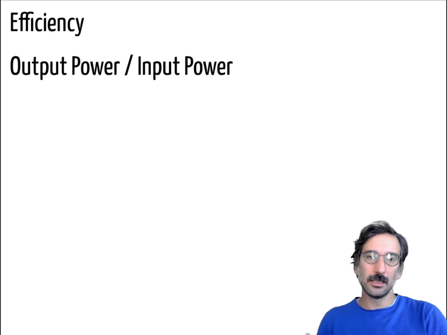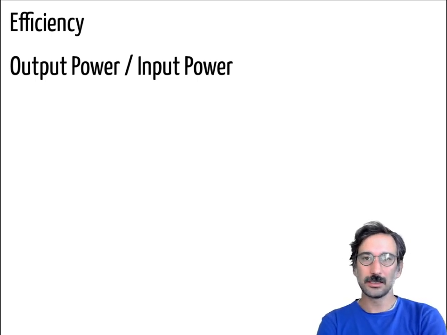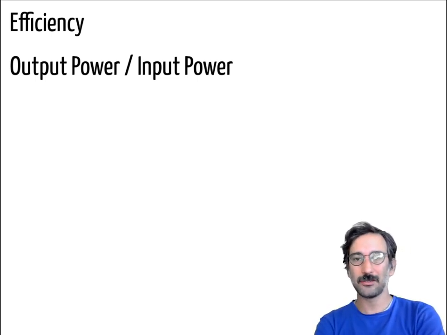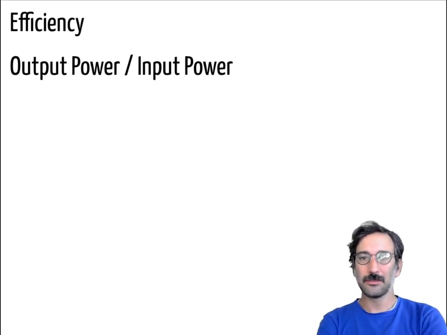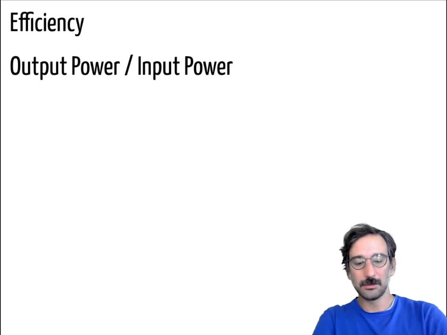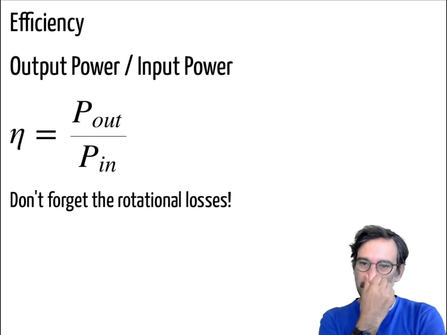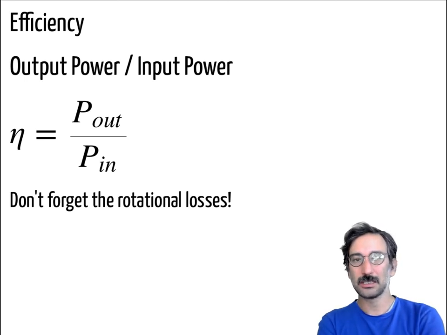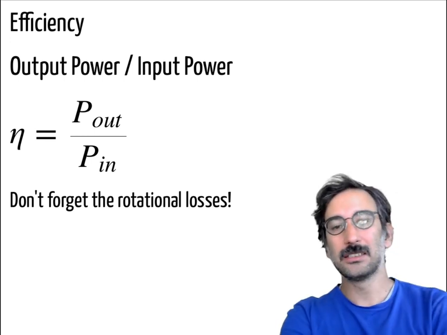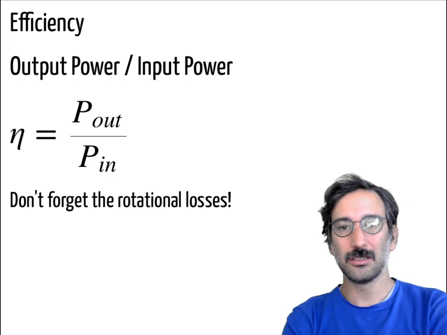I'm not going to discuss the numeric efficiency calculations. We will do that in the next videos. Of course, efficiency is output power divided by input power. The efficiency calculated from the equivalent circuit can be different from the real efficiency, because our equivalent circuit doesn't represent the mechanical losses, friction losses, and so on.